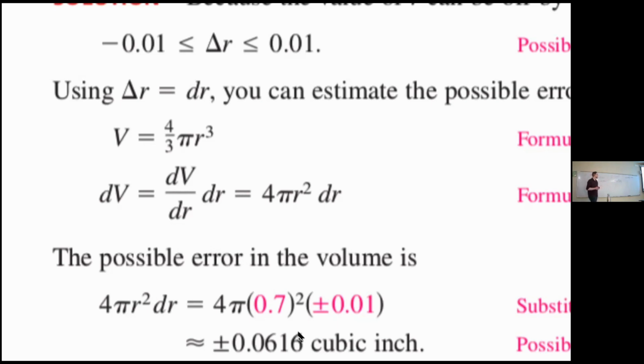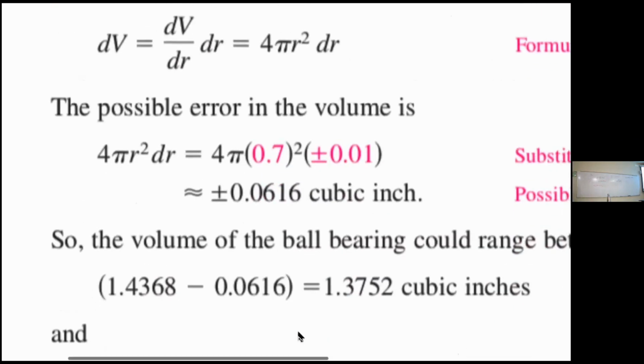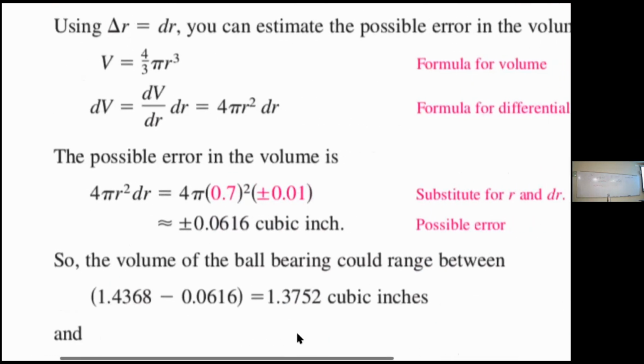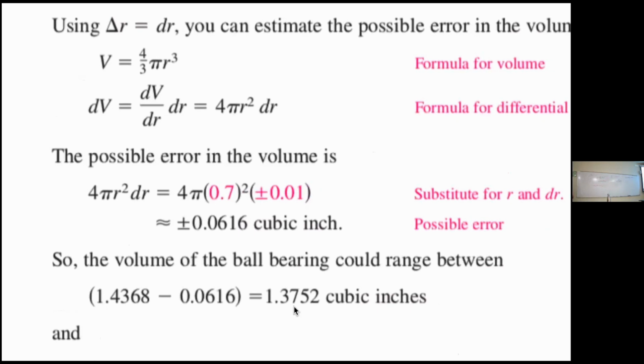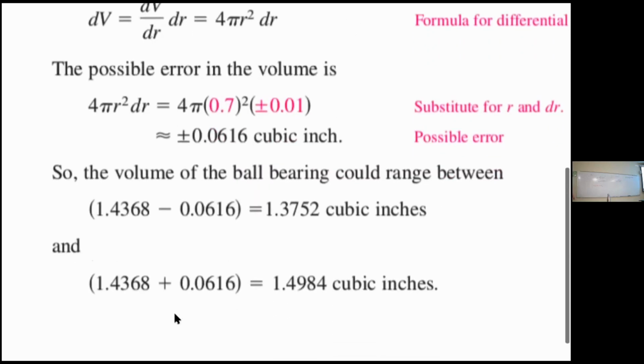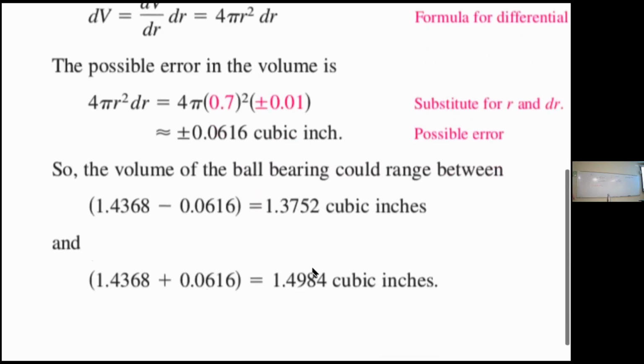Well, in this case, it's going to be that. And if we were to actually calculate it, we would find that the range could be somewhere in here, plus or minus, like I said.